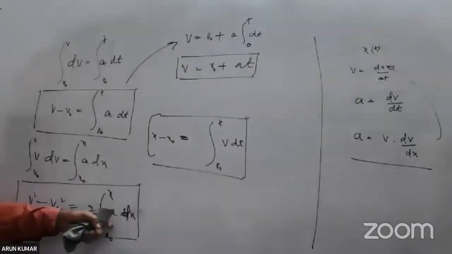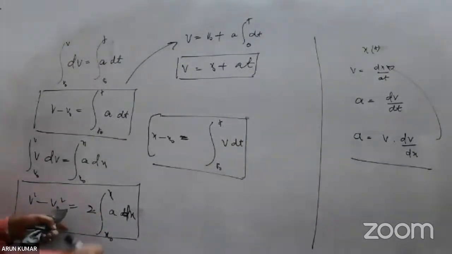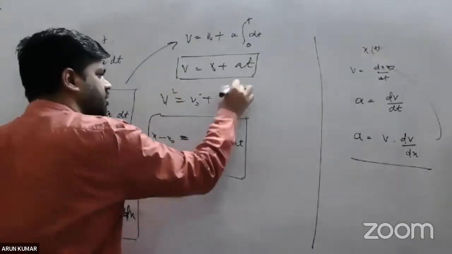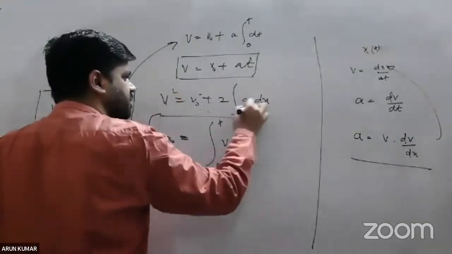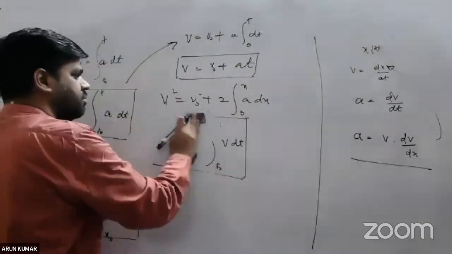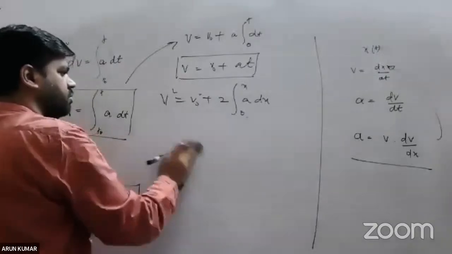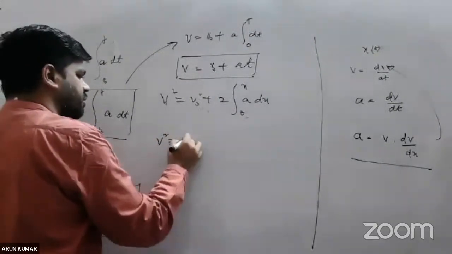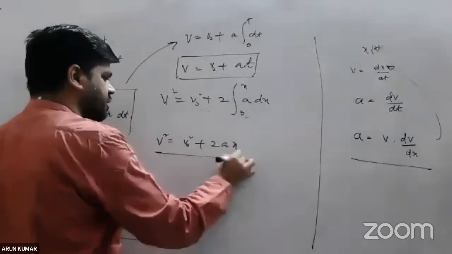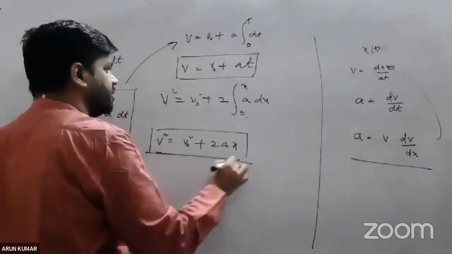If a is constant, from this equation I get v square minus u square is 2as. v square is equal to v naught square plus 2 integral a dx from 0 to x, let's say. So v square is equal to v naught square plus 2ax. Again, a basic kinematic equation.